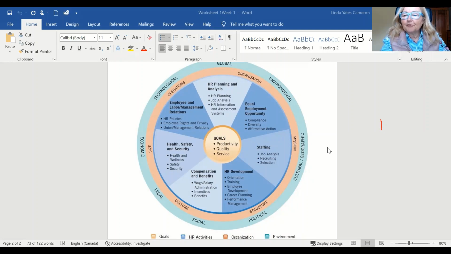So whoever your presenter was, pick one of the ideas. So for example, if I were going to annotate and I wanted to change HR planning and analysis to something else, I could cross it out and then write down what our group said it should be. And if I don't like what I've done, I can erase it.